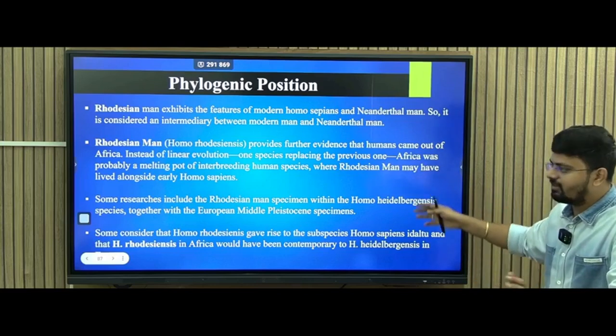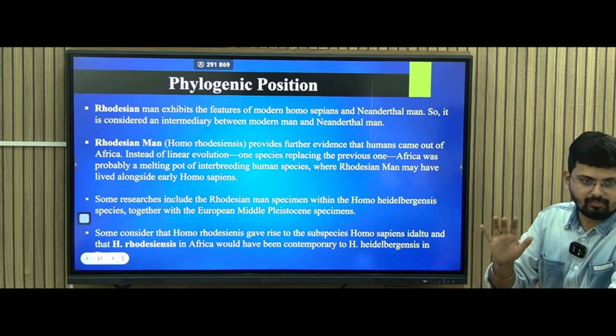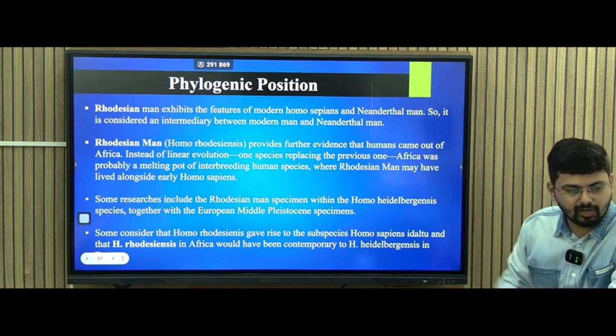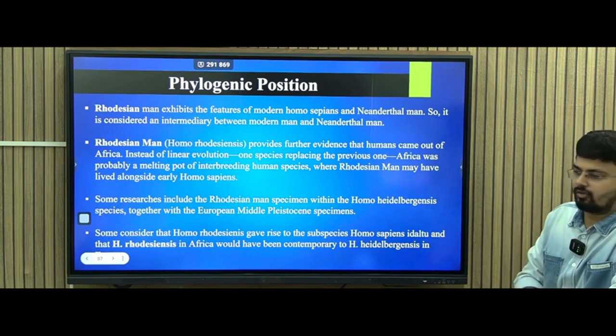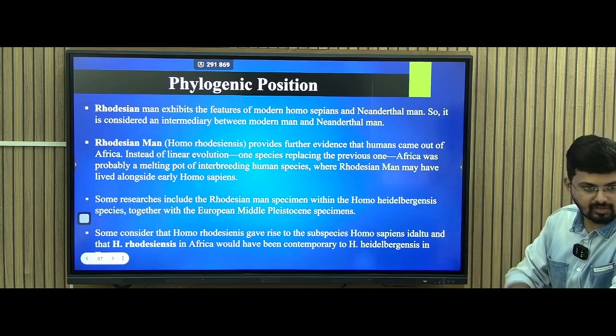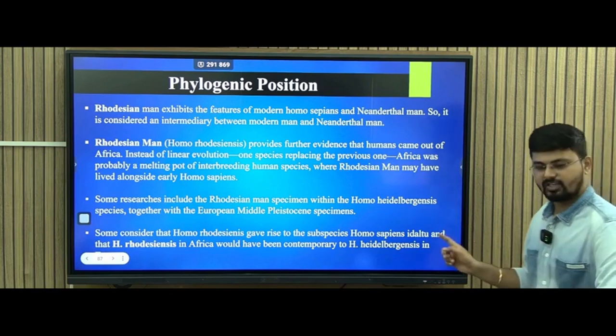So here it is further explained in detail with respect to Rhodesian man. Whether to include it within Homo heidelbergensis or not is a question mark. That's why I gave it to you separately. Even if they ask you about Rhodesian man separately, you should be able to write. This is with respect to Rhodesian man.